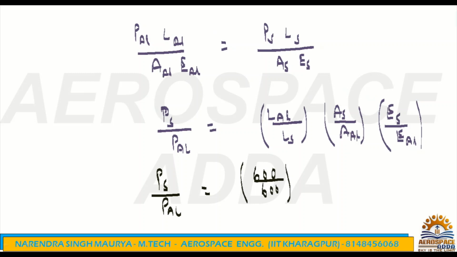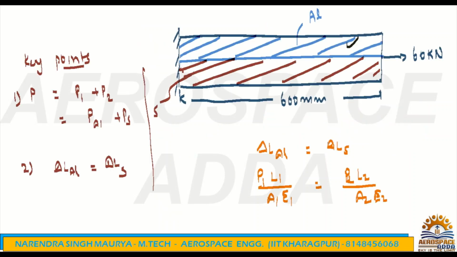Now the area of steel and area of aluminum, that we need to write. What is the area? It is given, check. If it is not given, then we need to calculate. They said for the aluminum 600 length is given, but how will you get the area?